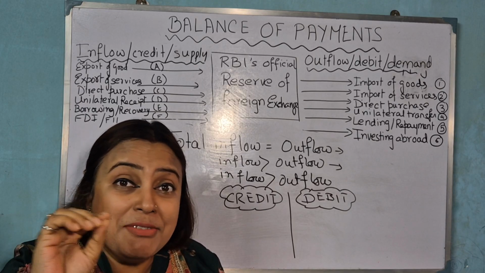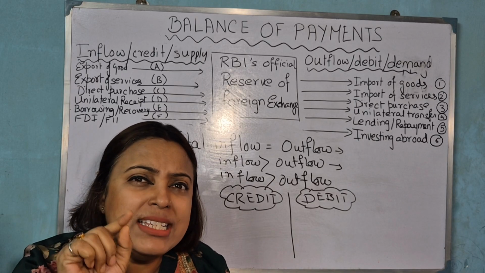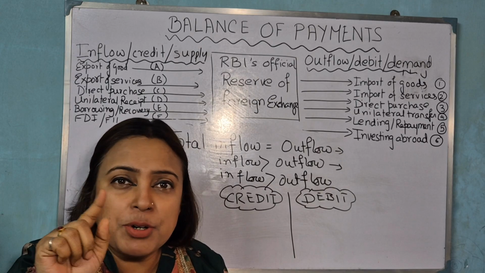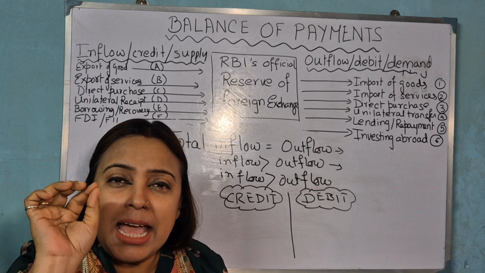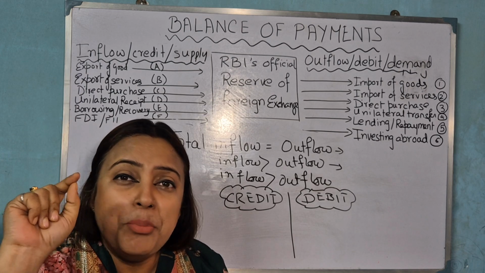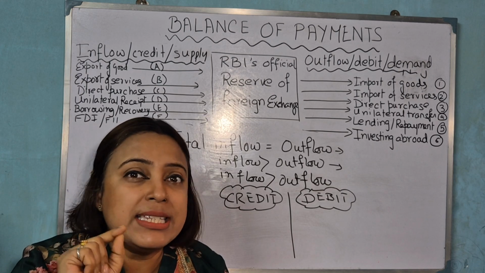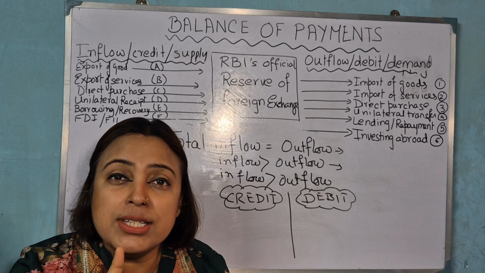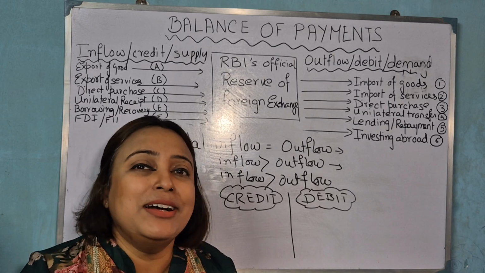So what is RBI actually doing in this official reserve transaction? They are lending and borrowing. Lending is a sort of investment, so assets increase. Borrowing increases liability. So the official reserve transactions are very typically capital account transactions.